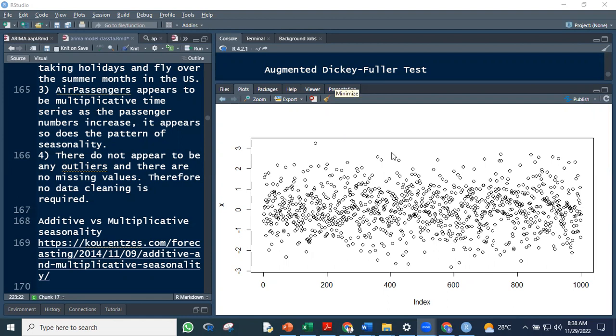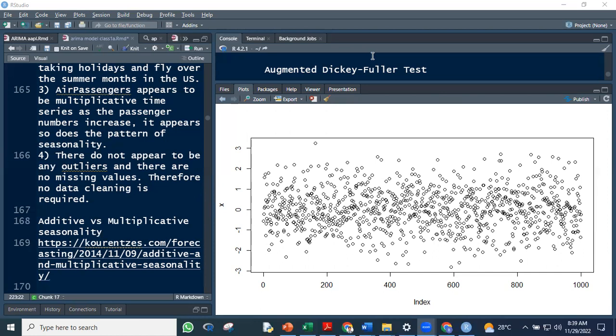It's random numbers, right? It will generate 1,000 randomized numbers. It has no trend and no seasonality. So definitely this is a stationary data series: no trend, no seasonality, constant variance, constant mean.